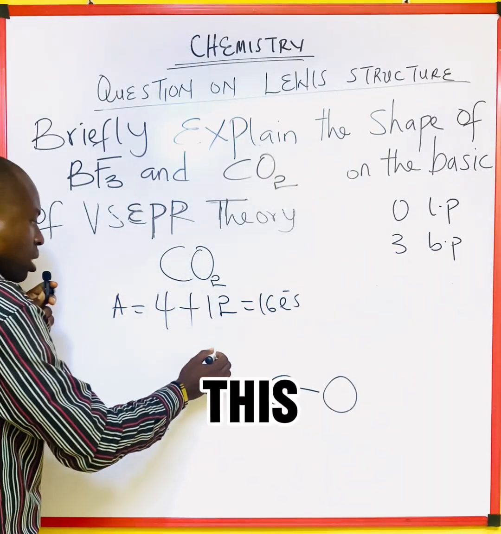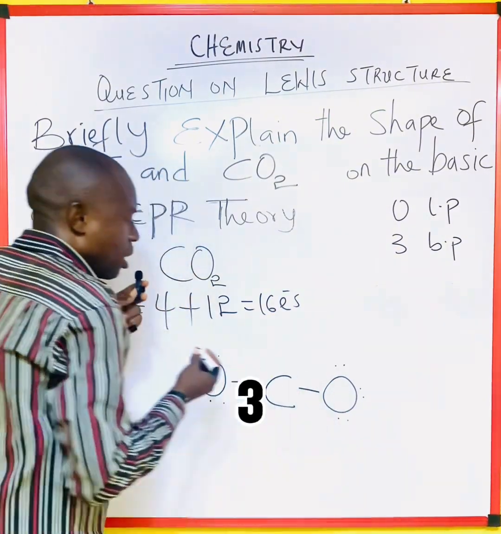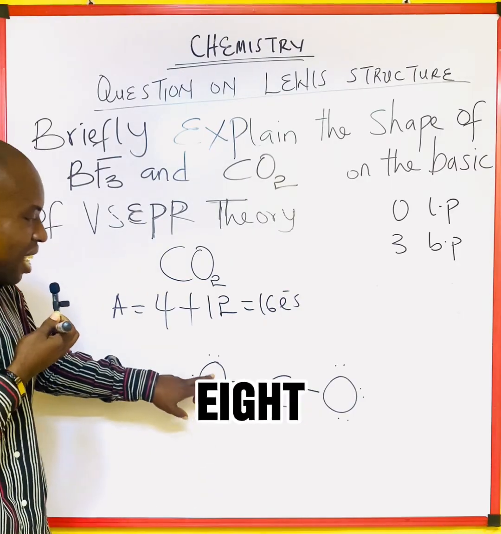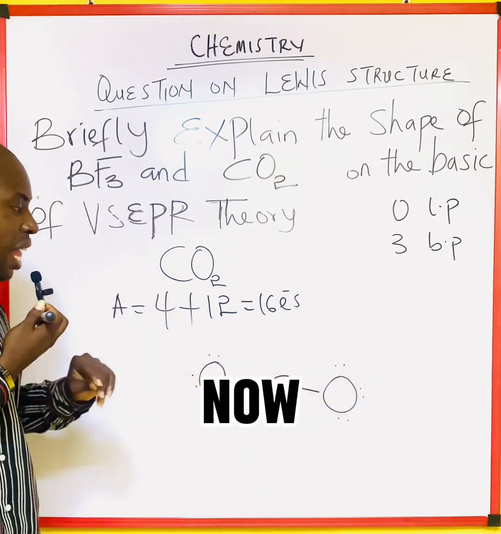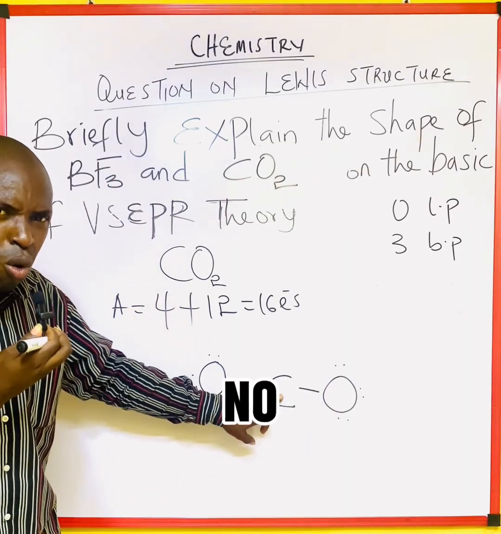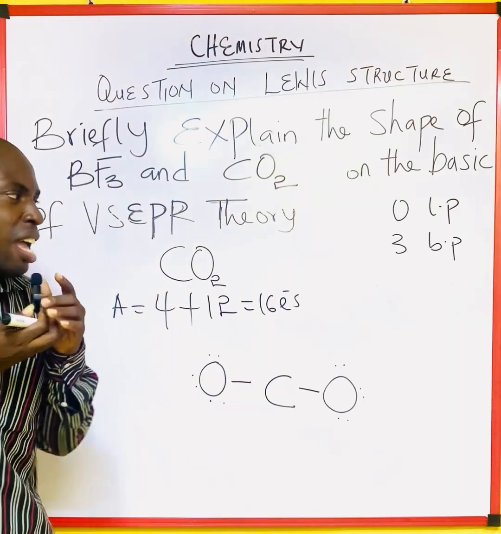Then I do something like this. Here is 1, 2, 3; 1, 2, 3. Of course, here is 8 times 2. Here is 8, here is 8. Is it not 16? But here is octet, here is octet. Is carbon octet? No. Can anything be done? Yes.